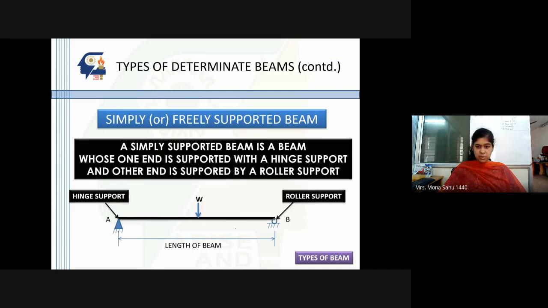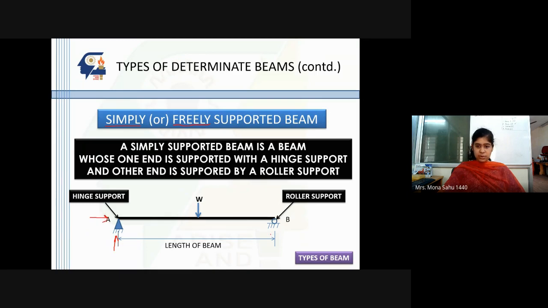Next is simply supported. You've got hinge support. You can have both sides hinge support. You can have both sides roller support. But on both the ends, there will be some support. That is called a freely supported beam or simply supported beam. So you'll have two reaction forces here and here.